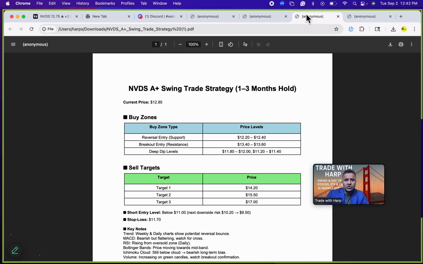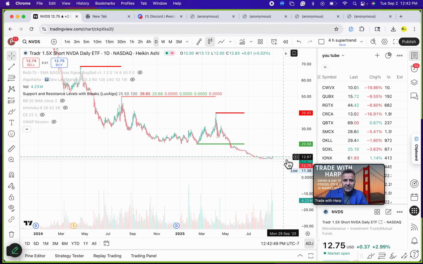Over here 12.20 and 12.40 is my entry point, and the target is 14 or 15. So right in my entry zone, and this will be my exit zone, $15.